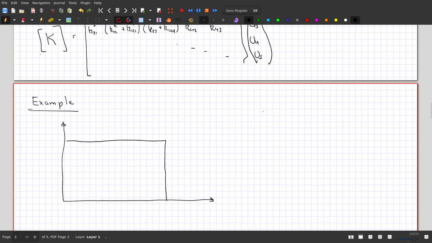So what we're going to do is solve the Laplace equation or diffusion equation on this rectangular domain. So this is a subset of our model problem.